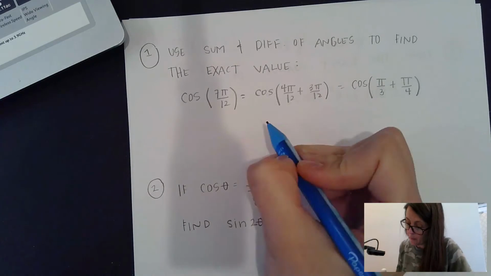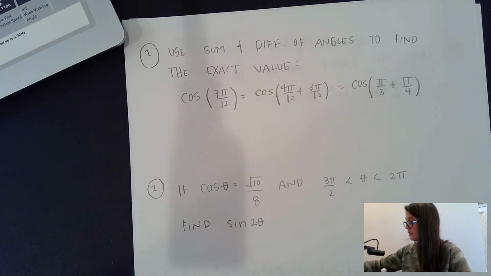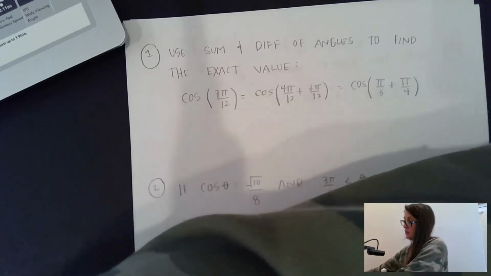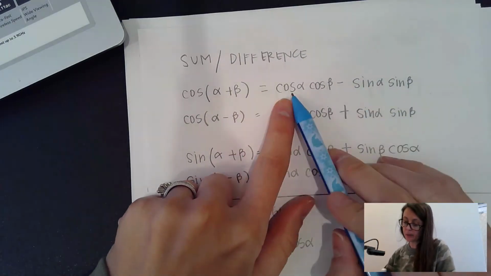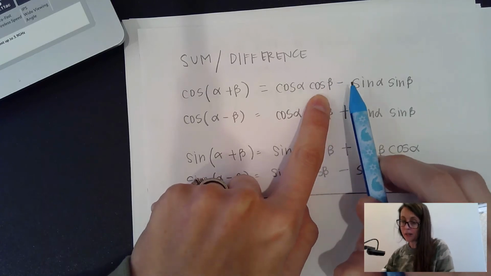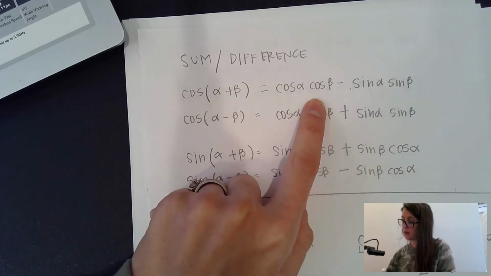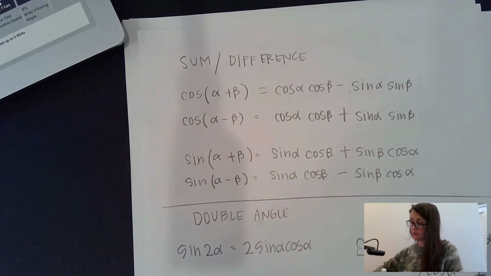Okay. Now when I want to expand this, this is the sum, so remember the sum formula for cosine: it'll be cosine of the first angle times cosine of the second angle, minus, so it turns into a minus sign there, sine of the first angle times sine of the second angle.